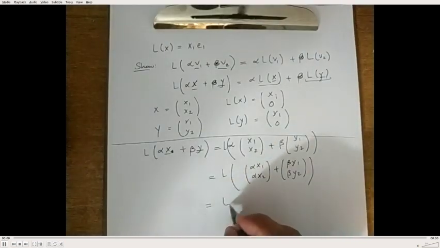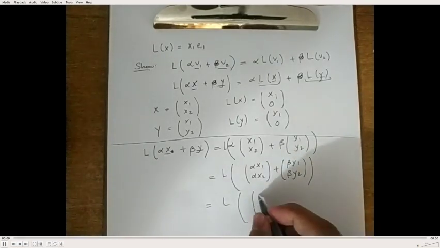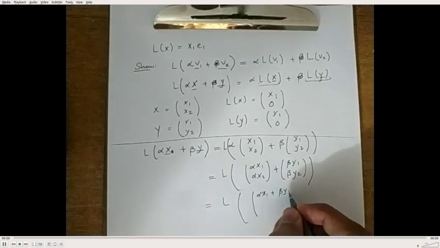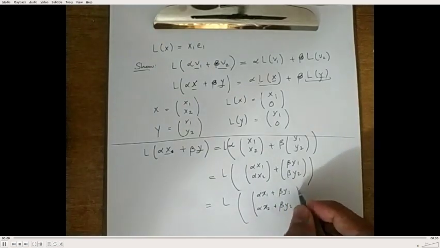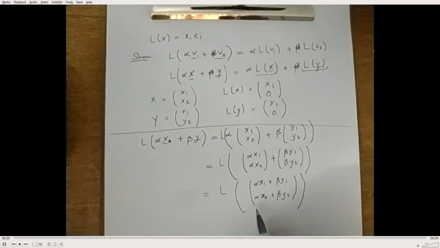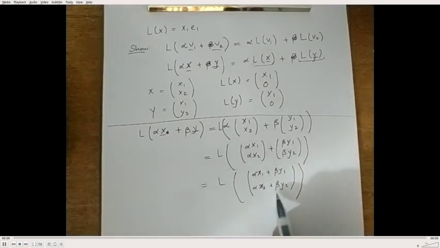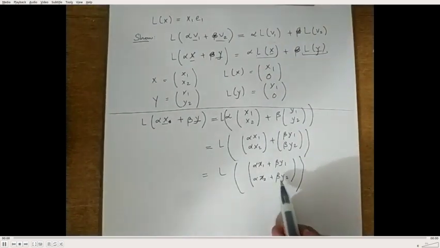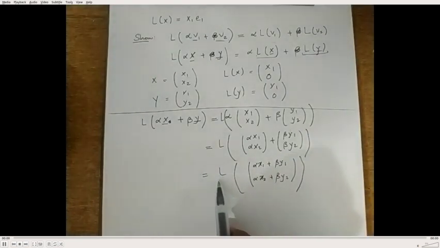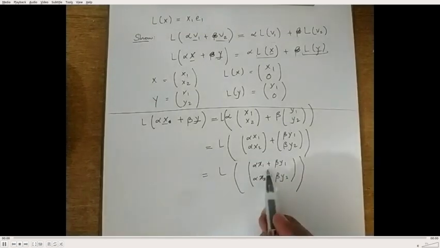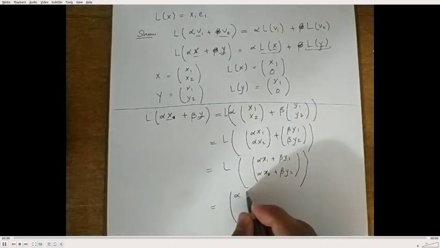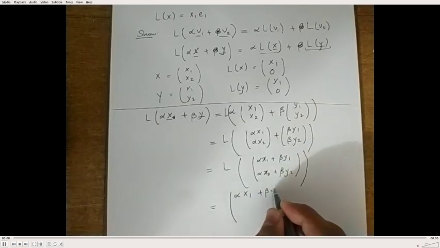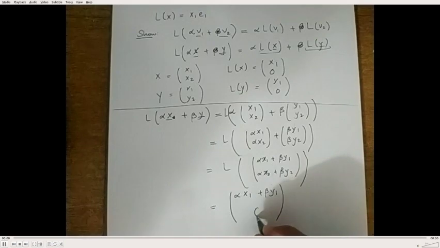Adding them together, the first component is alpha x1 plus beta y1, and the second component is alpha x2 plus beta y2. Now the input is just one vector, and I'm ready to apply the linear transformation L. The transformation simply keeps the first component and discards the second component, replacing it by 0. So my output is: alpha x1 plus beta y1, and the second component is 0.